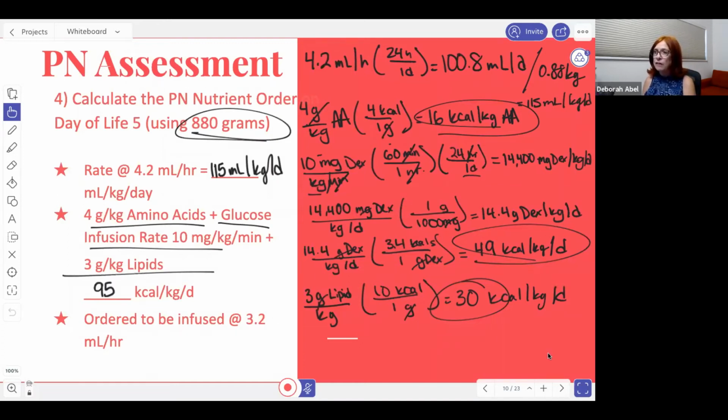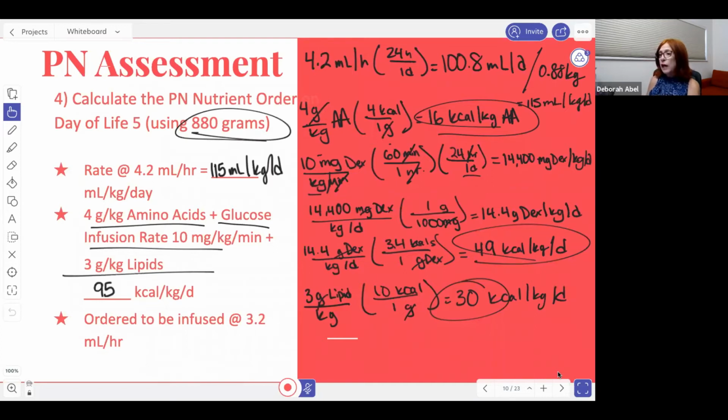And it's a very common understanding as you work in a NICU. I would imagine this also occurs in the adult population as well, because not everything ordered can always be infused, for a variety of reasons. So yes, you will see the order of the parenteral nutrition, and then you'll see how it's written there, order to be infused at whatever rate.